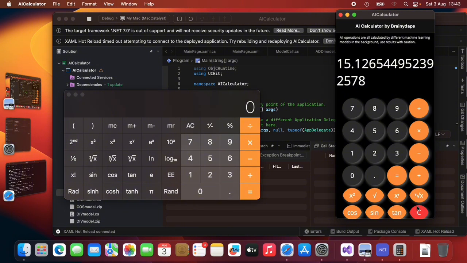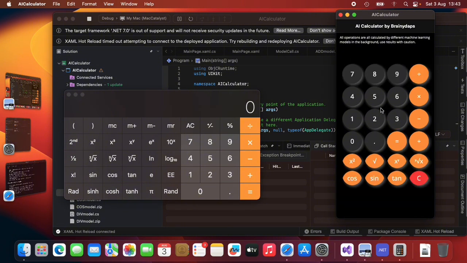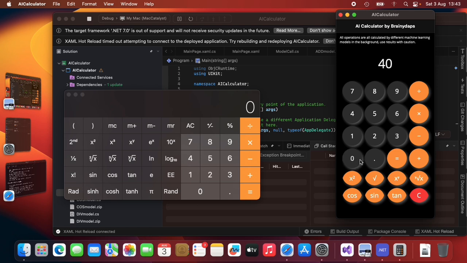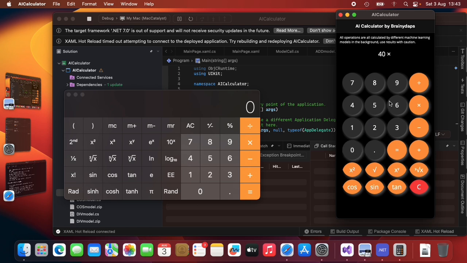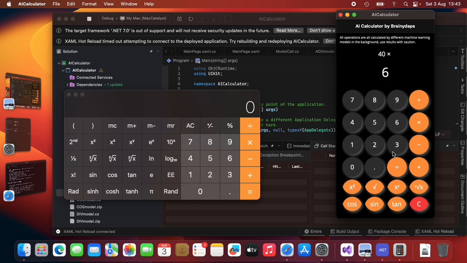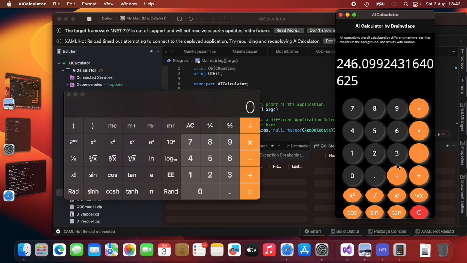That was very accurate compared to before. Multiplication is usually very off. Let's try 40 times 6. Yes, 40 times 6 is actually 240, and it gave us 246, which is very close enough.